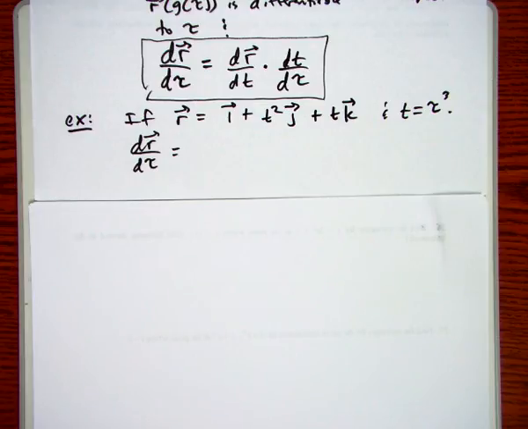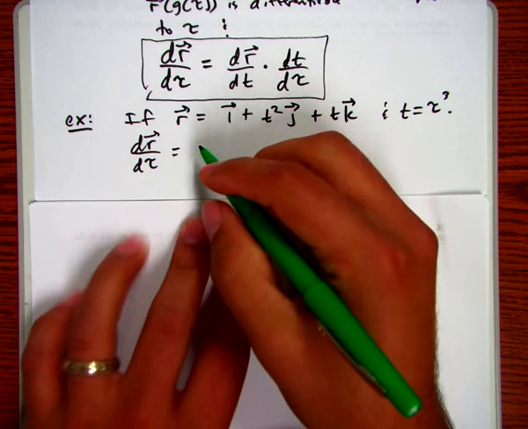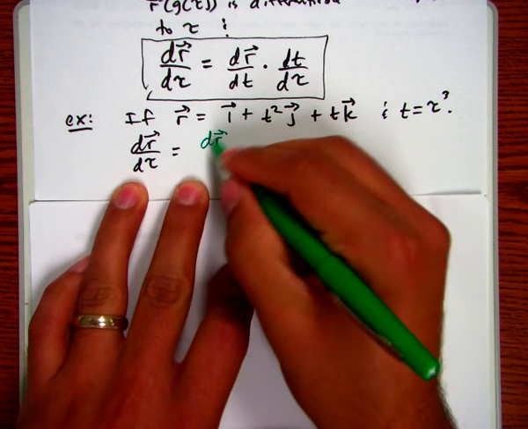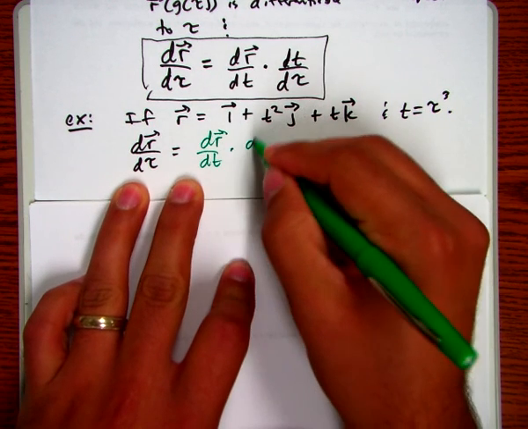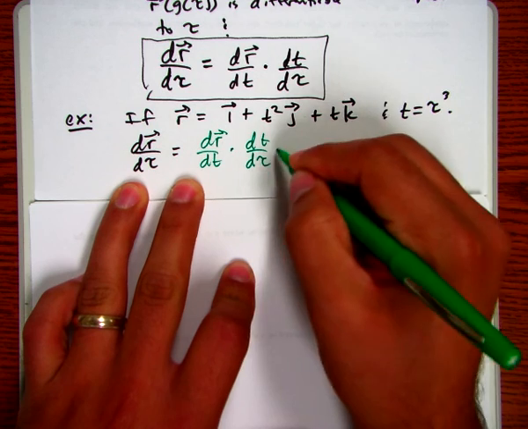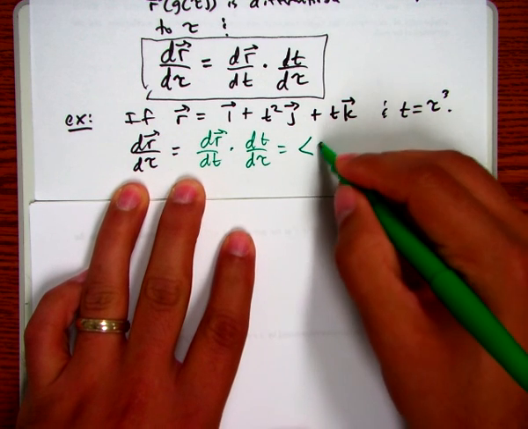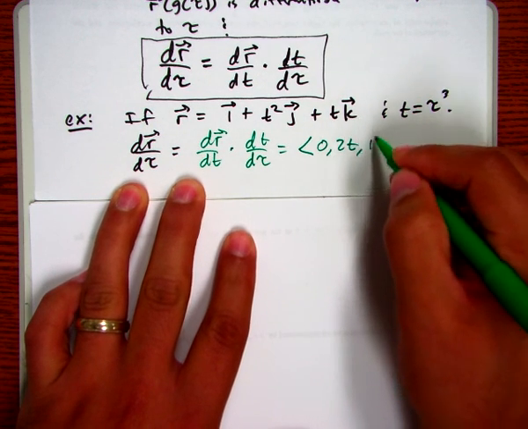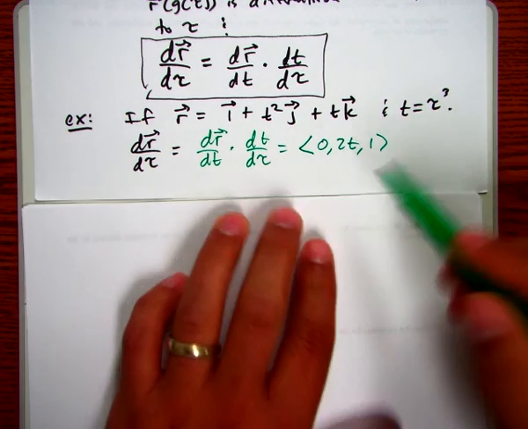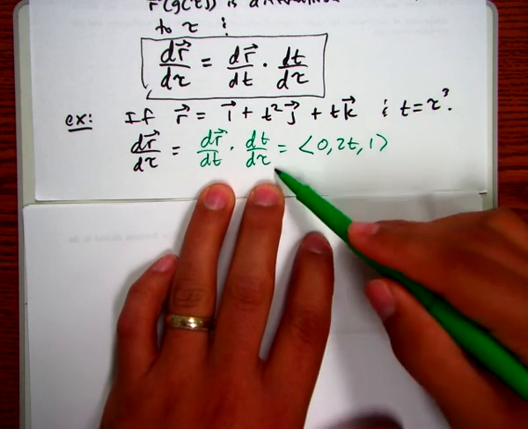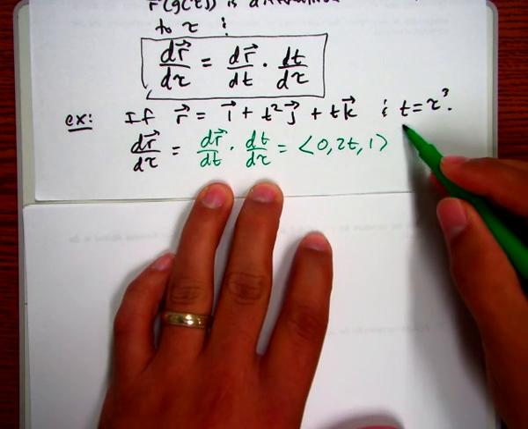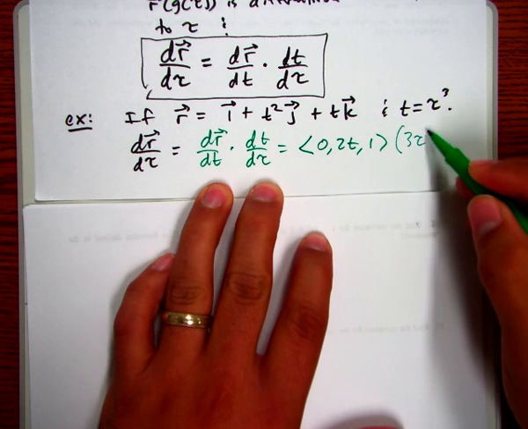So we know dr d tau is going to be dr dt times dt d tau. So if you find the derivative of r with respect to t, that'll be 0, 2t, and 1. The derivative of t with respect to tau would be what? 3 tau squared.